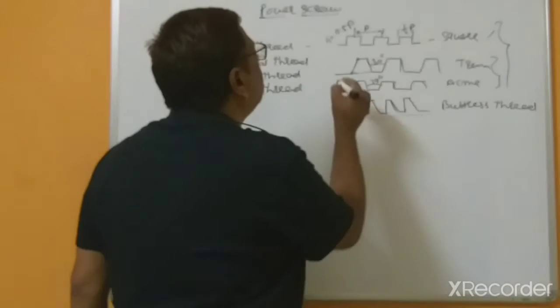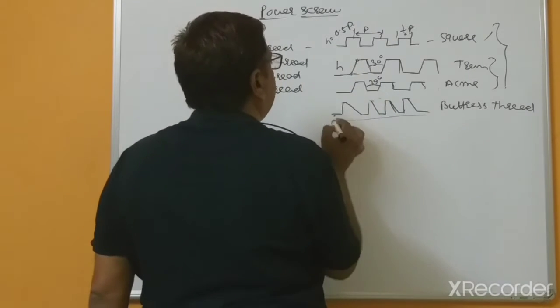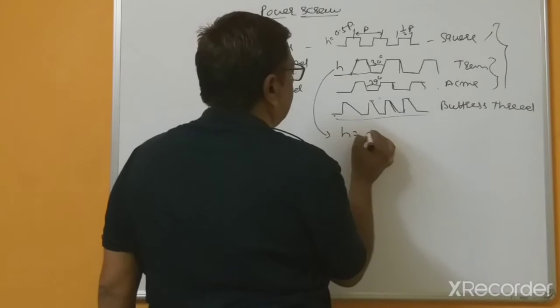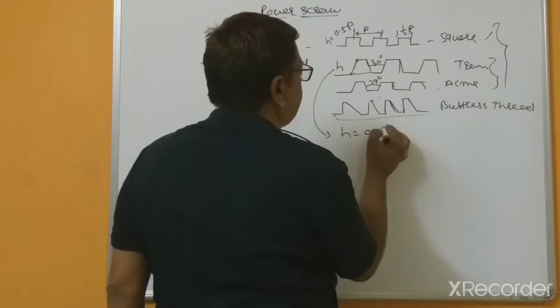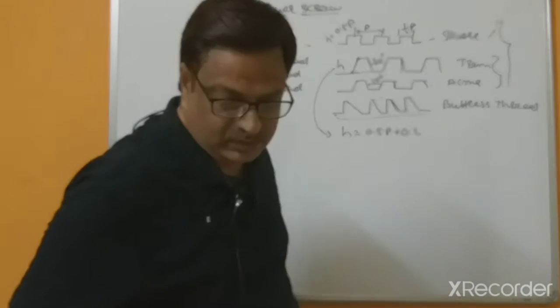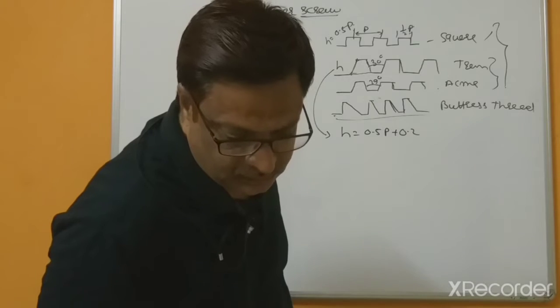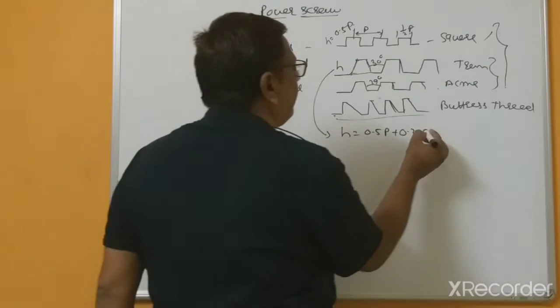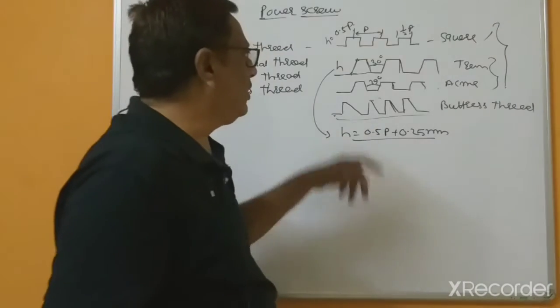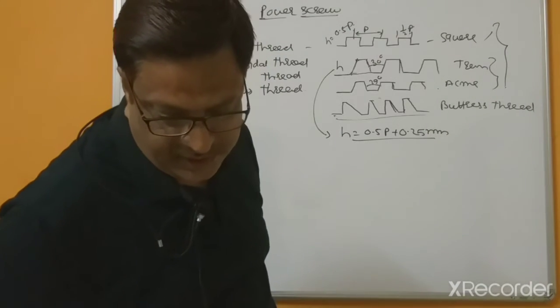And in Acme threads, H equals 0.5 times P plus 0.25 mm, and this is for the Acme threads and trapezoidal threads.